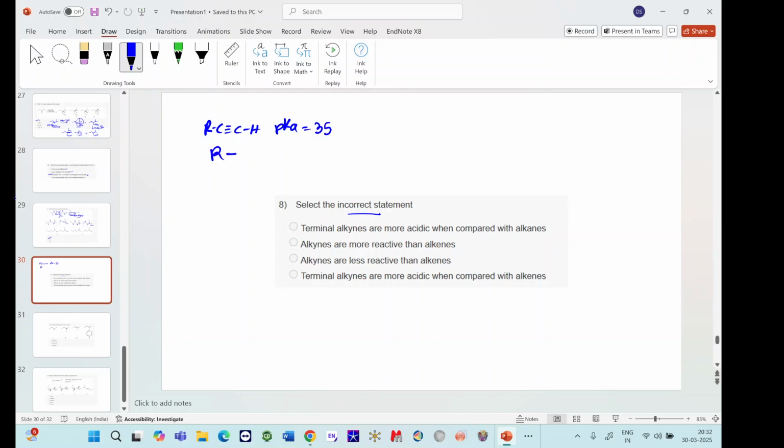For the alkene, the pKa is, let me check once, 40.